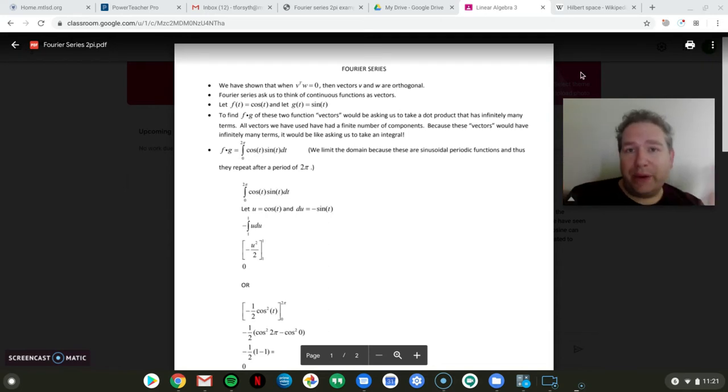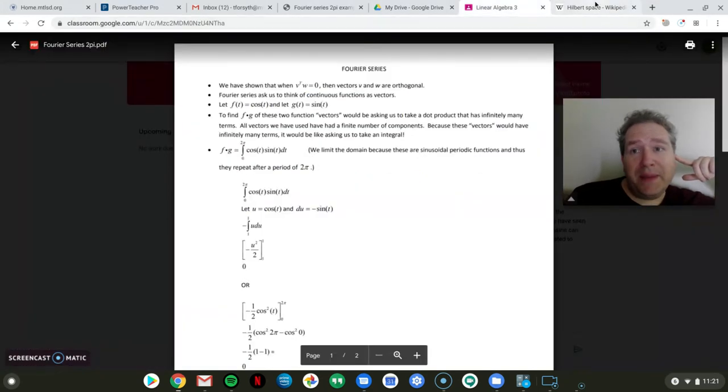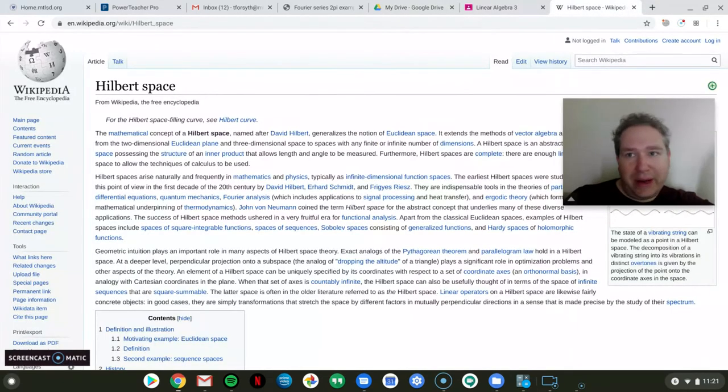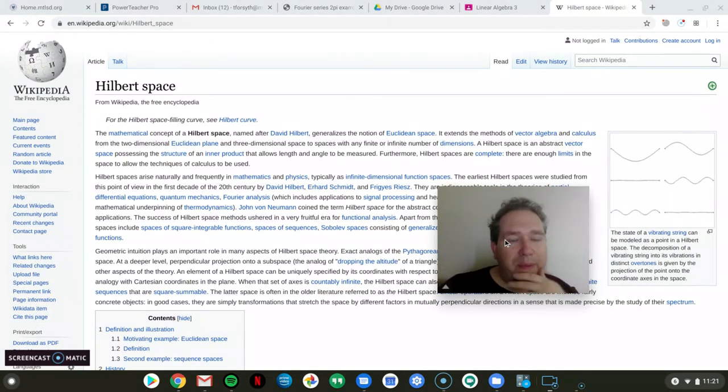For your information, if you want to look more about this idea of this infinite space, by the way, it's called a Hilbert space. This is just the Wikipedia. I just literally Googled Hilbert space, and this is the first thing that popped up. It's probably more than adequate. If you look at this quickly, it extends the ideas of a Hilbert space, basically taking into account an infinite vector space.